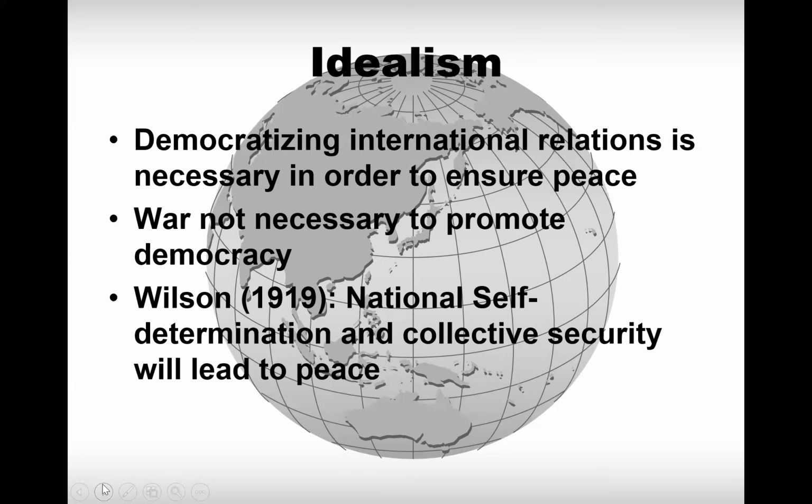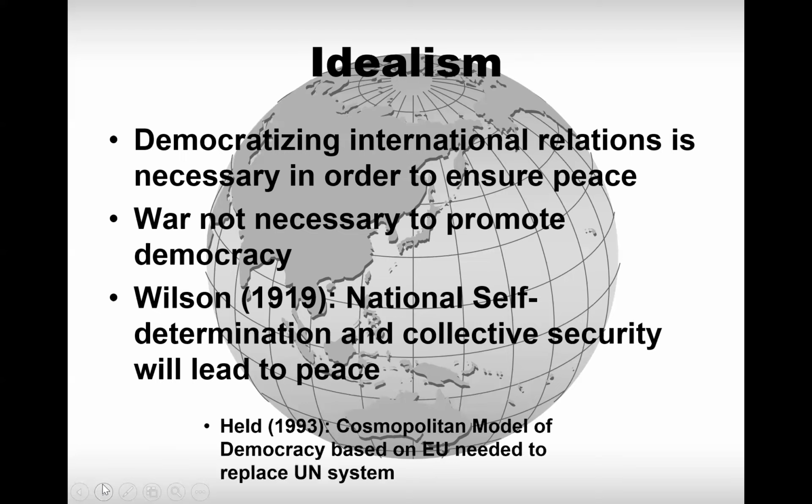However, the successor states of the Ottoman Empire became mandated territories and were given to Britain and France. It should also be pointed out that the British and French empires, which were the two biggest empires in the world, had their empires intact. So under the League of Nations, although the main principle or the basic unit was the nation state, the British and French empires continued to represent the interests of the majority of the world.